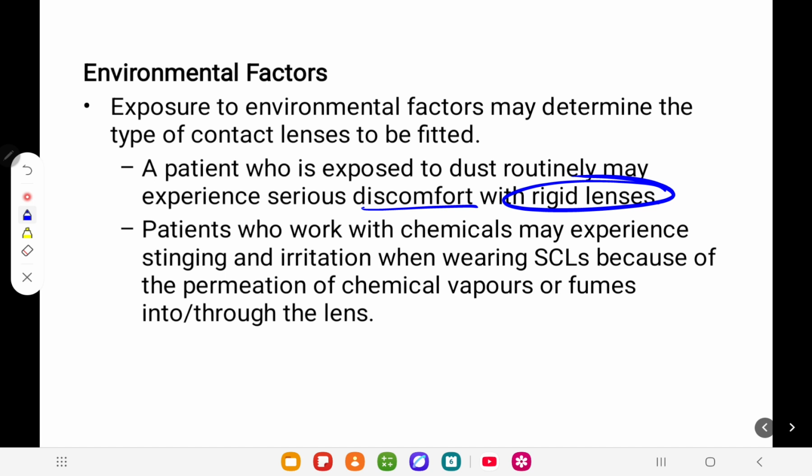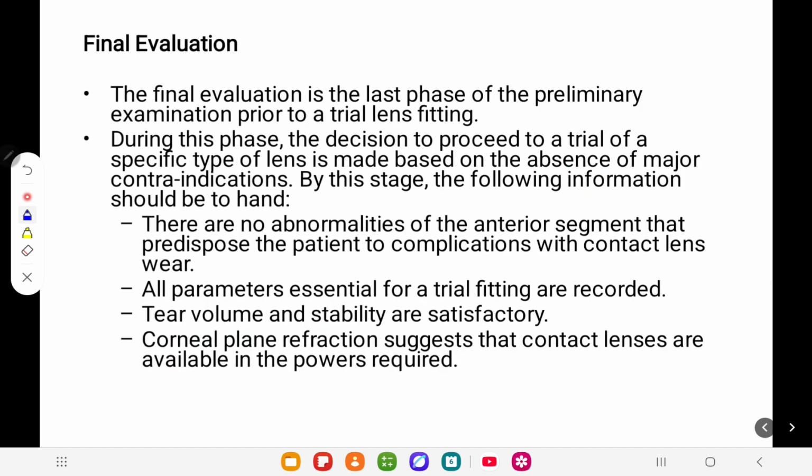Patients who work with chemicals may experience staining and irritation when wearing soft contact lenses, because soft lenses can soak up the chemicals more as compared to RGP lenses, given the permeability to chemical vapors and fumes, and the soft contact lens is porous. Yes, that's another important point.